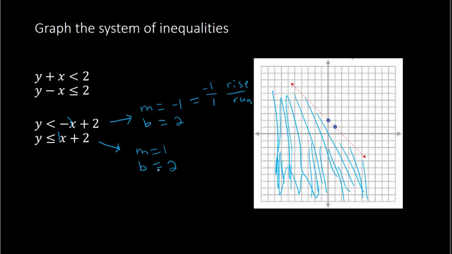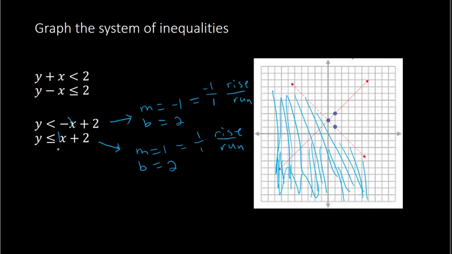And then I do the same thing for the second inequality. Here our y-intercept is 2 again. It's going to be this point on the y-axis. The slope is 1, or 1 over 1, and remember, that's rise over run. From this point I go up 1 and over 1, and then I connect the dots with a solid line.